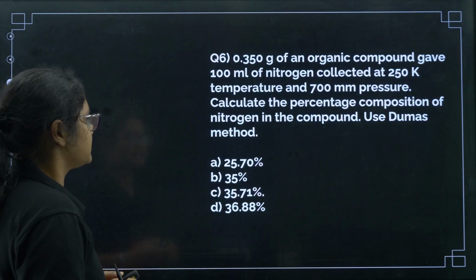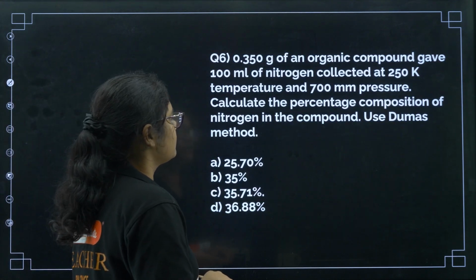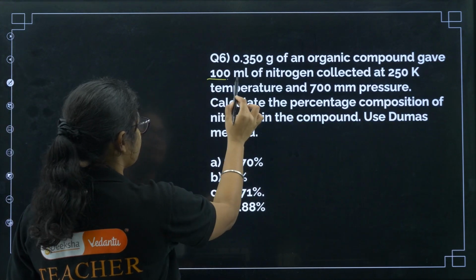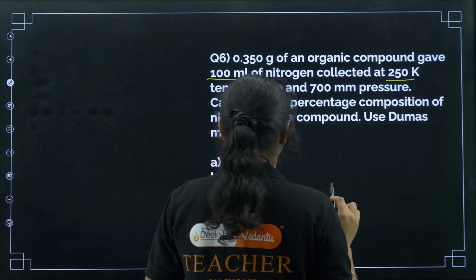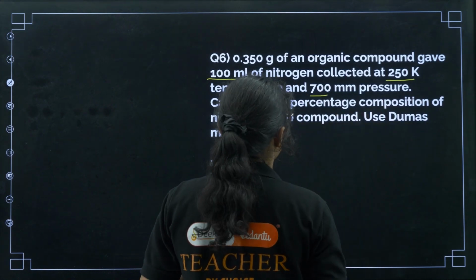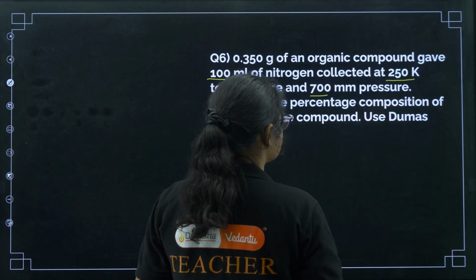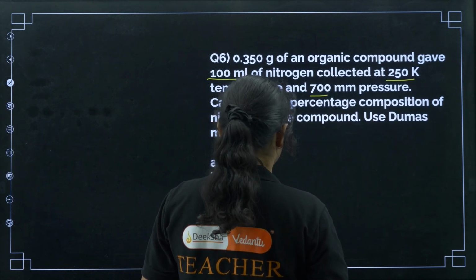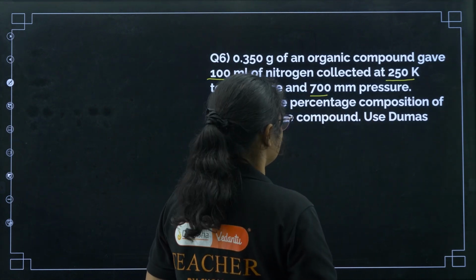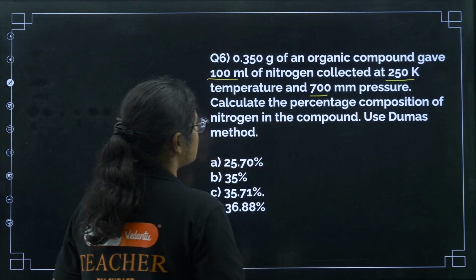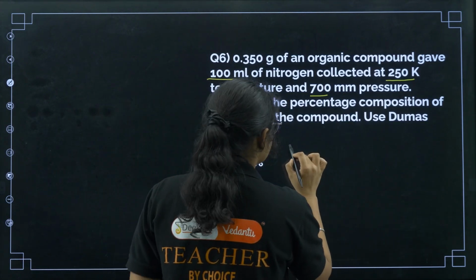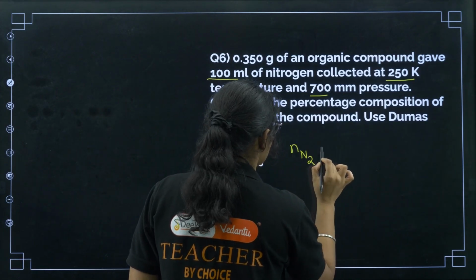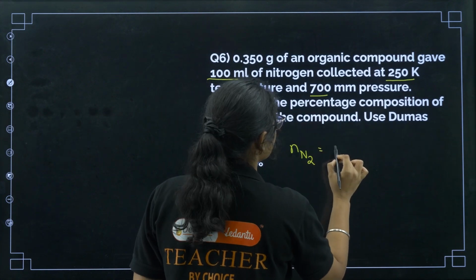Okay, next, 0.35 gram of an organic compound gave 100 ml of nitrogen collected at 250 Kelvin temperature and 700 mm of pressure. Calculate the percentage composition of the nitrogen in the compound. Use Dumas method. So now you can see 100 ml of nitrogen was collected, right? So the number of moles of nitrogen will be given volume by molar volume.